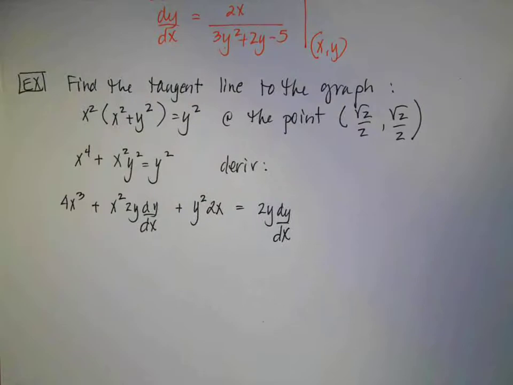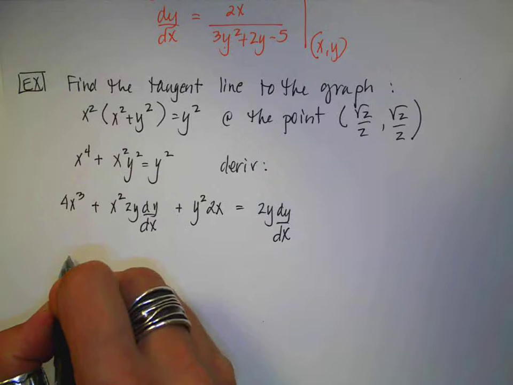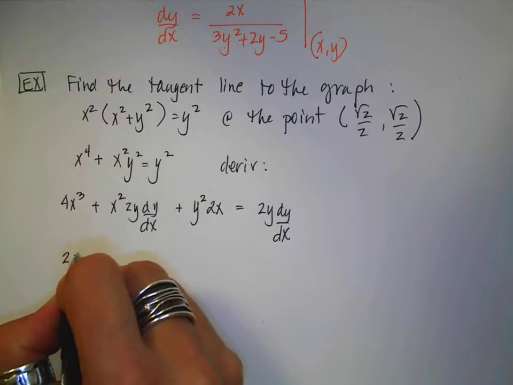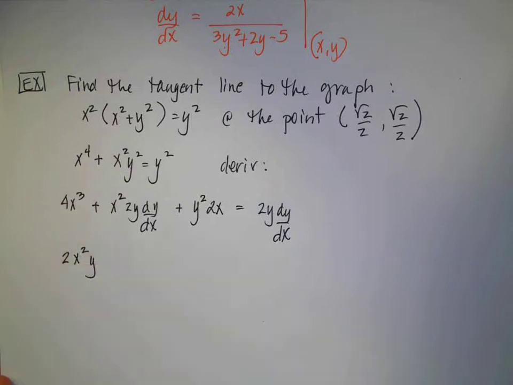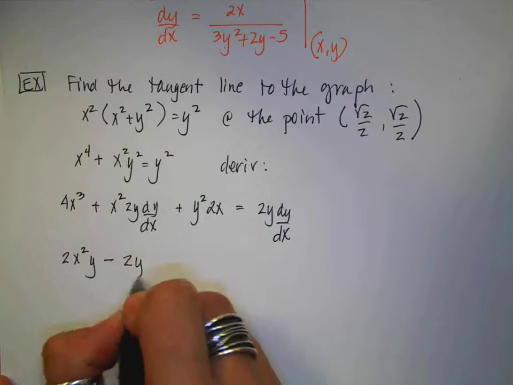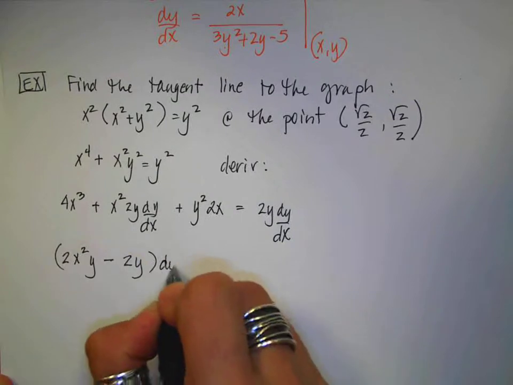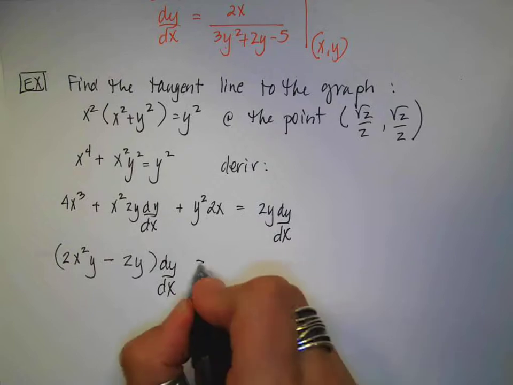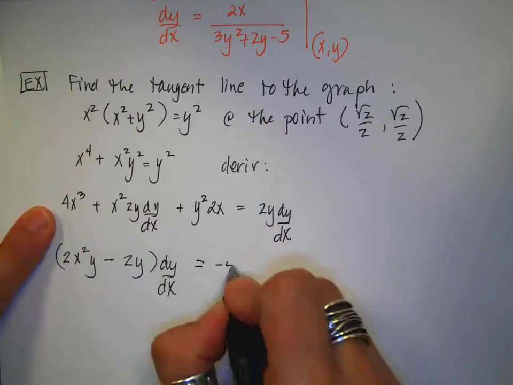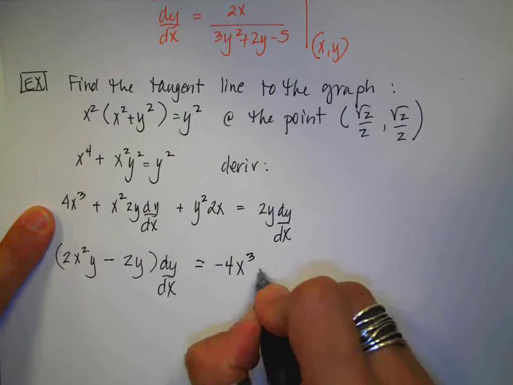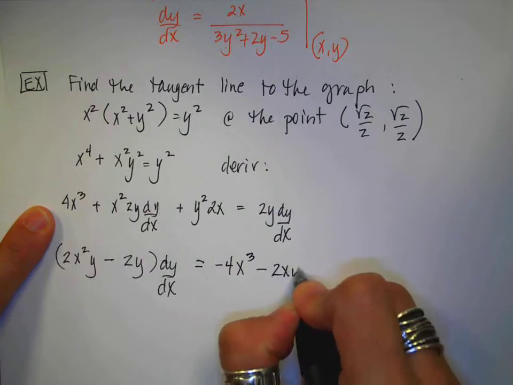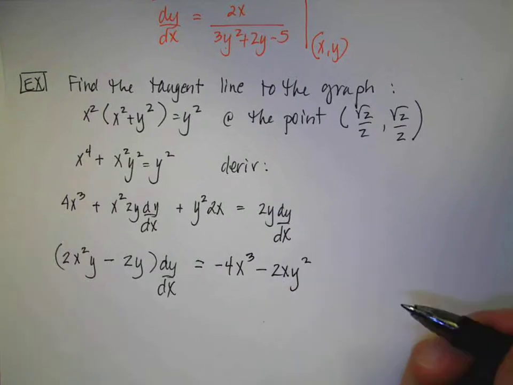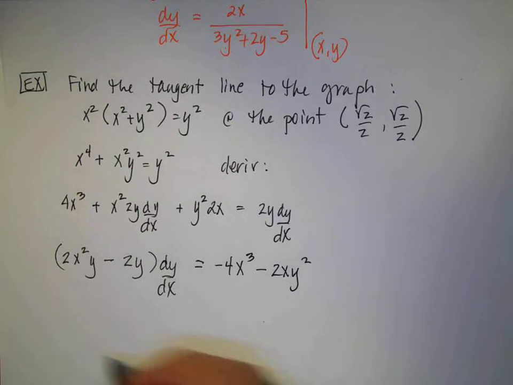So now what I need to do is get all of my dy/dx's together and everything else can stay on the other side. So I'm going to have (2x squared y minus 2y) times dy/dx, and then taking these terms to the other side, negative 4x cubed minus 2xy squared.